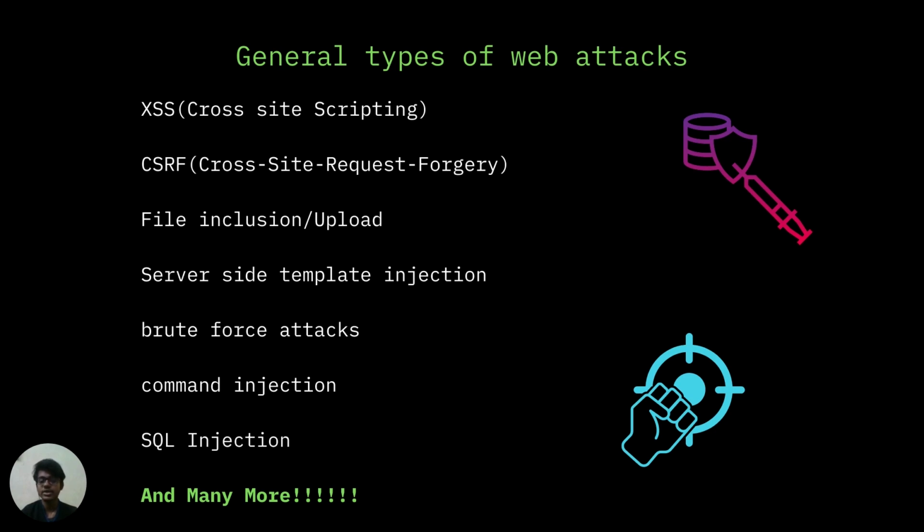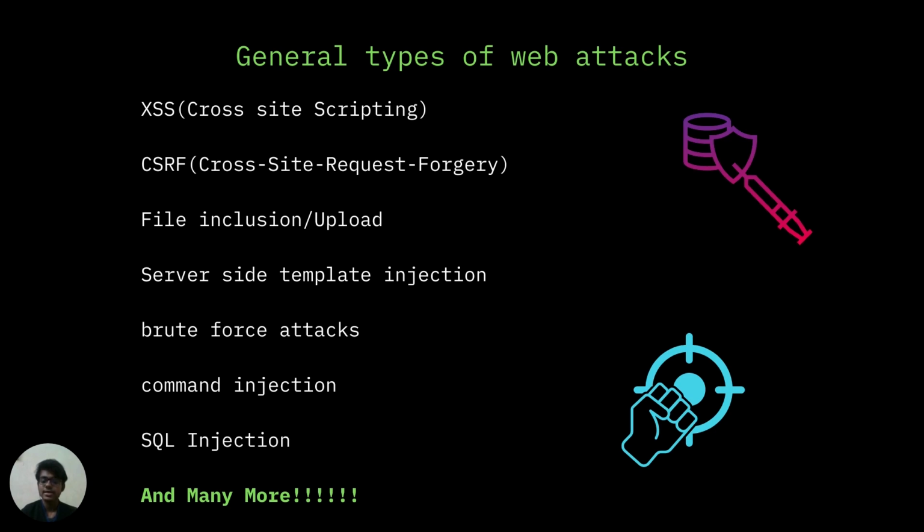When the malicious code executes inside a victim's browser, the attacker can fully compromise their interaction with the application. We also have CSRF, or cross-site request forgery. It is a web security vulnerability that allows an attacker to induce users to perform actions that they do not intend to perform. It allows an attacker to partly circumvent the same origin policy, which is designed to prevent websites from interfering with each other.